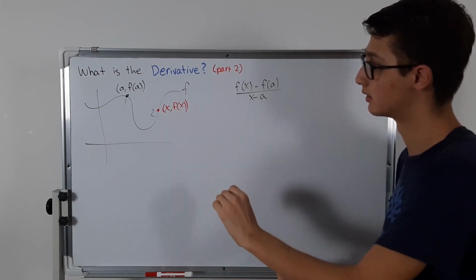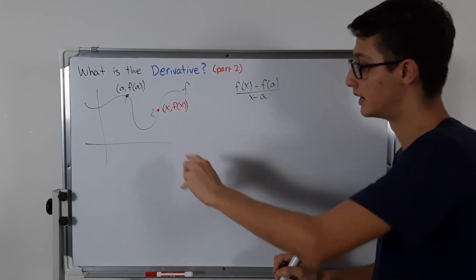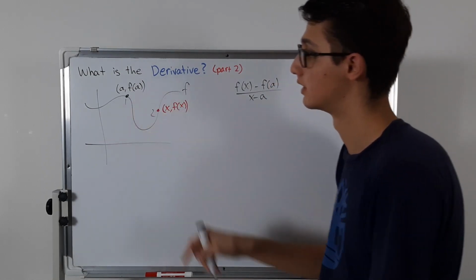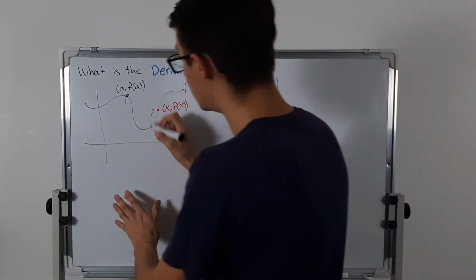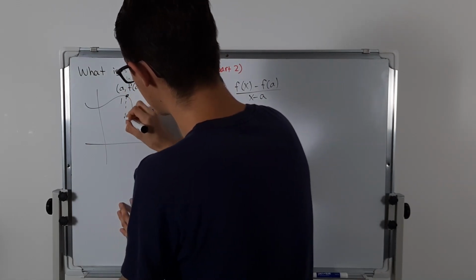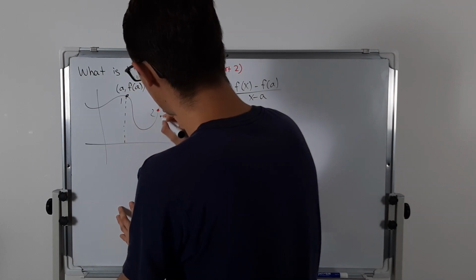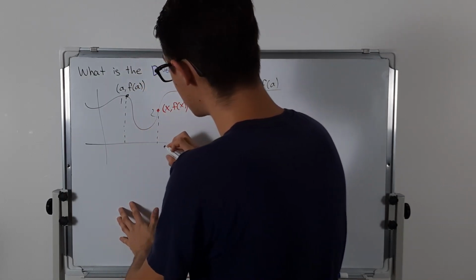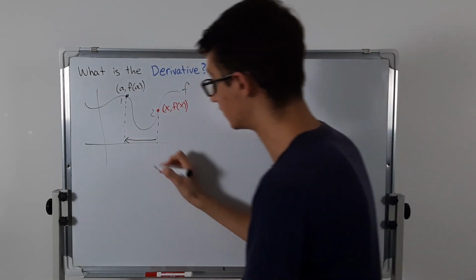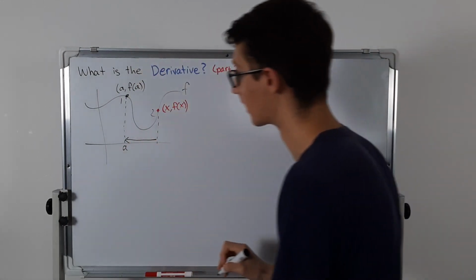Now what I'm going to do is move this x value closer to that other x value. This is point 1 there, and I'm going to draw some dotted lines down here and down to here, and move this x value so that it's precisely equal to a. So this is a here.